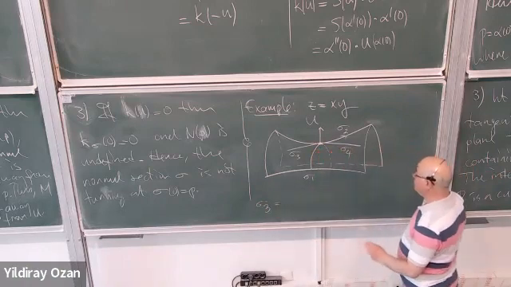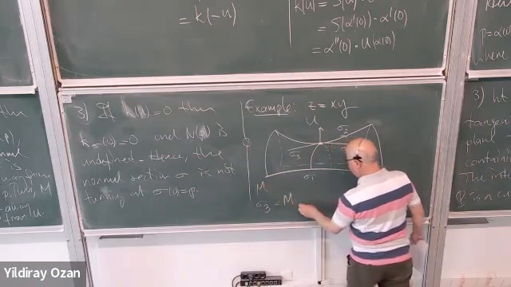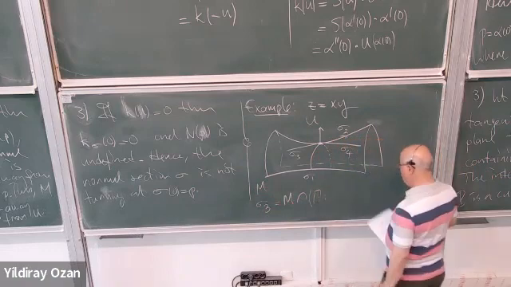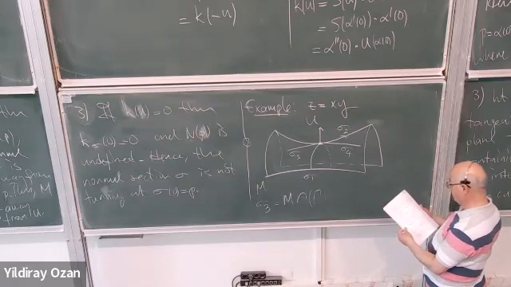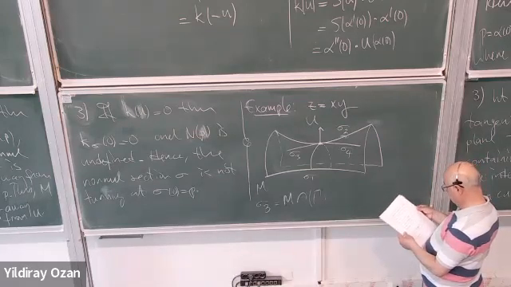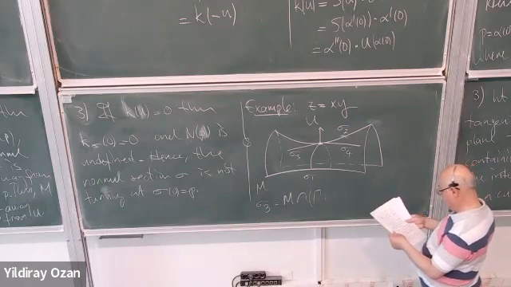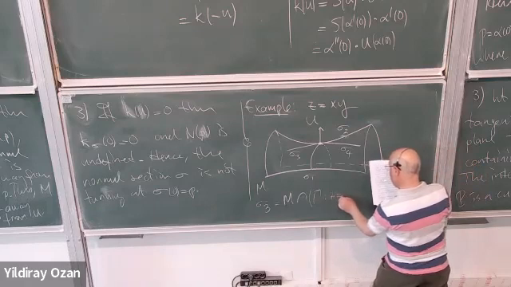It is the intersection of the surface M with the plane gamma given by, okay, let me see, z equals 0.